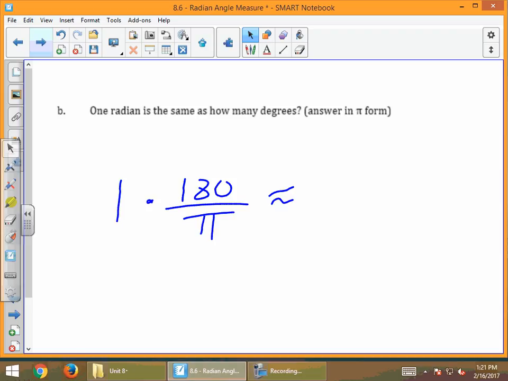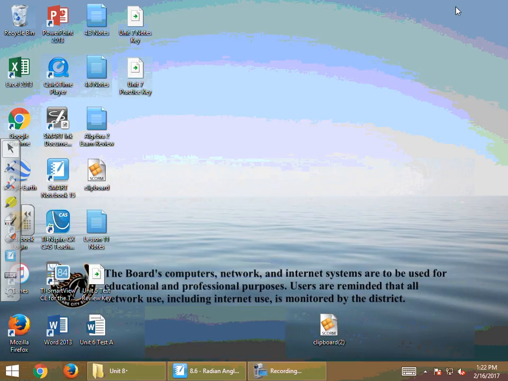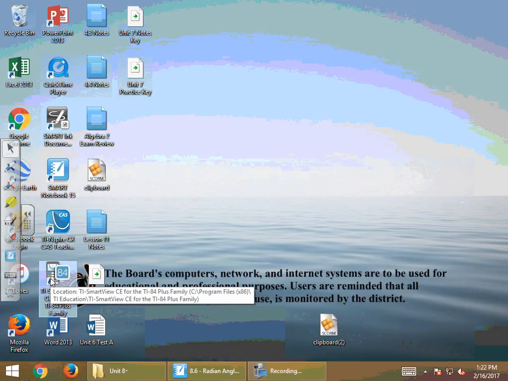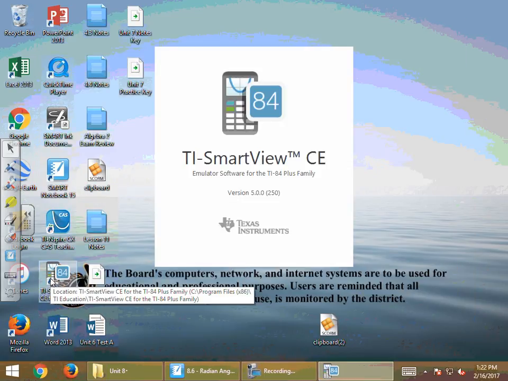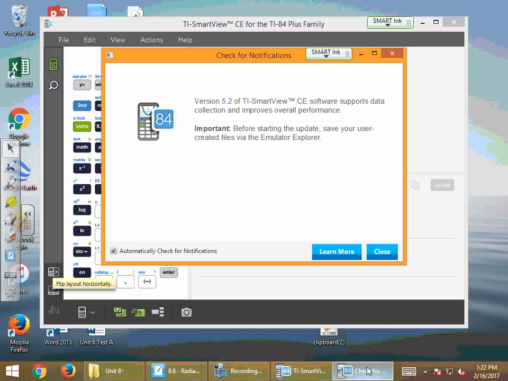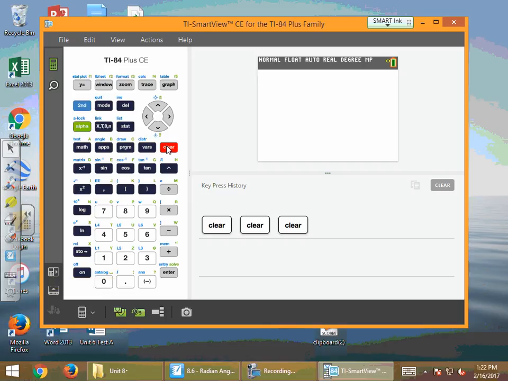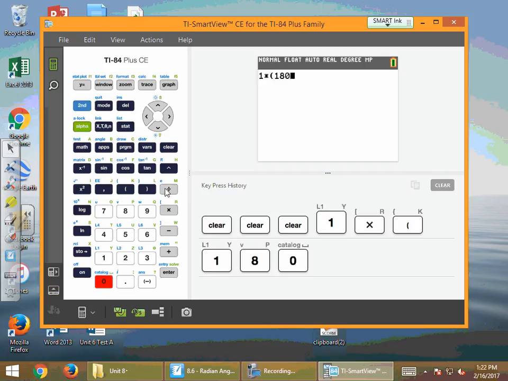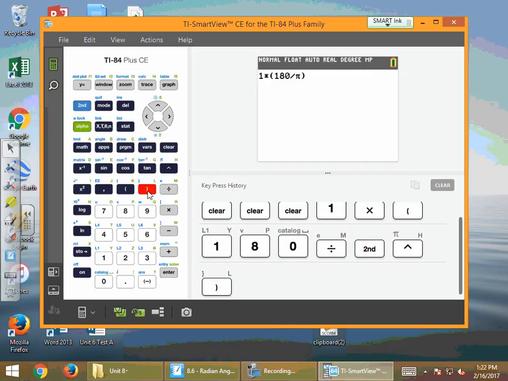So then, all you have to do is plug that in your calculator. You literally are going to do 1 times 180 divided by pi.